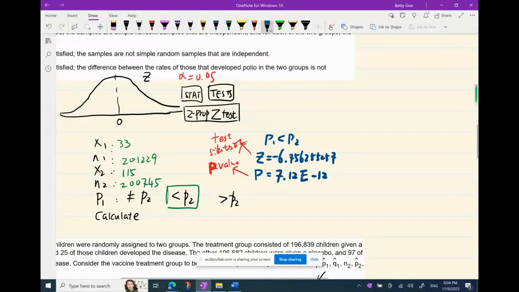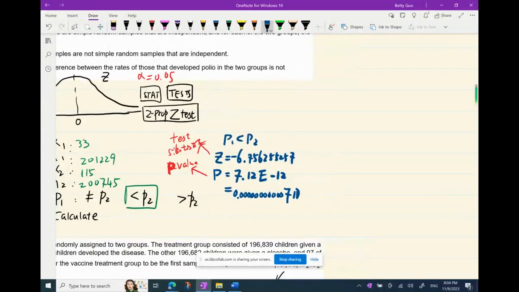So what is the p-value actually equal to? It's not 7.12. It's 7.12 times 10 to the power of -12. So this is a super tiny p-value. 1, 2, 3, 4, 1, 2, 3, 4, 1, 2, 3, 4, 1, 2. So we should have 11 zeros in front of 7. Super tiny.